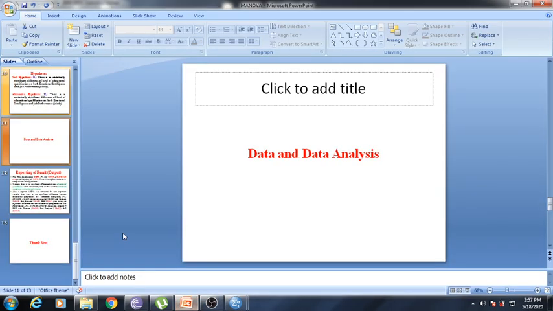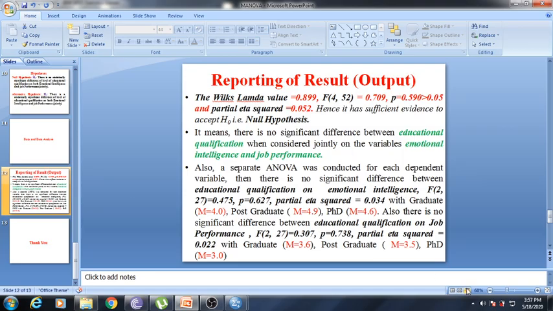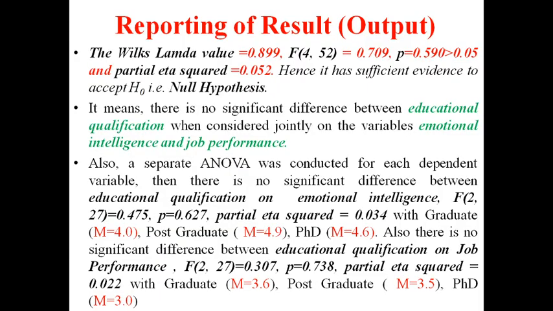For reporting of this data, you can see here the reporting of results, that is our output. The Wilks' lambda value is equal to 0.899, F value at 4 and 52 degrees of freedom is equal to 0.709, P value is equal to 0.590, which is greater than 0.05, and partial eta squared is equal to 0.052.